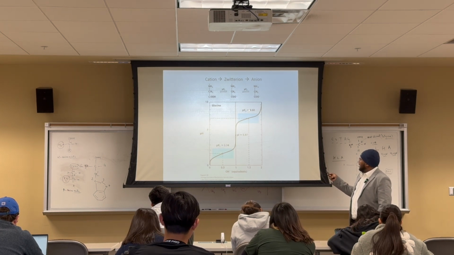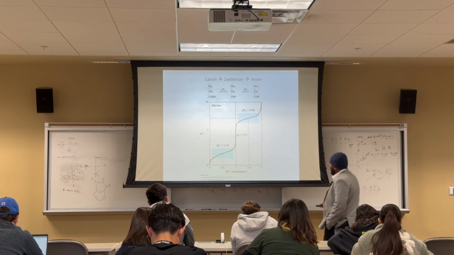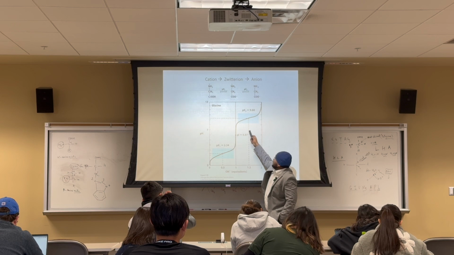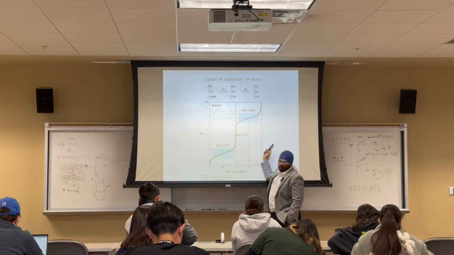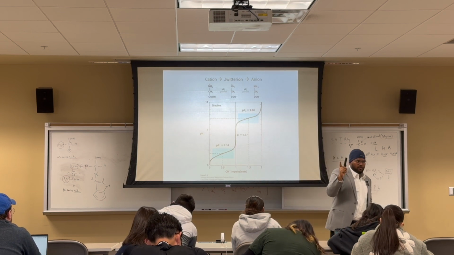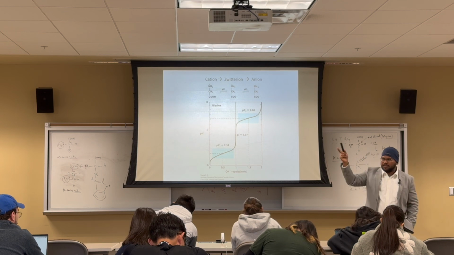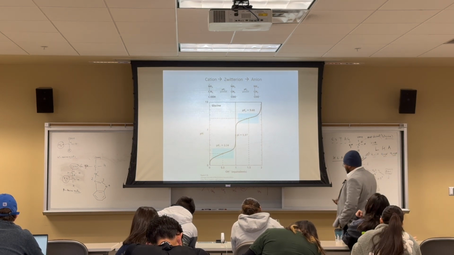And PI is the average of pK1 and pK2. So you can write PI equals pK1 plus pK2 divided by 2. Your PI value is the average of two pK values, one on the basic side, the other on the acidic side. Did you get that?